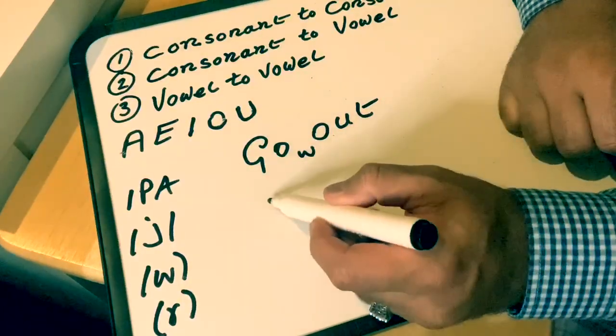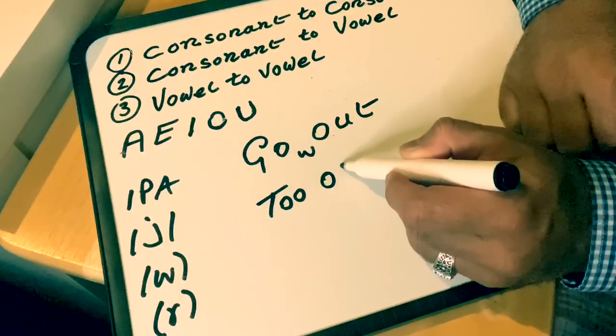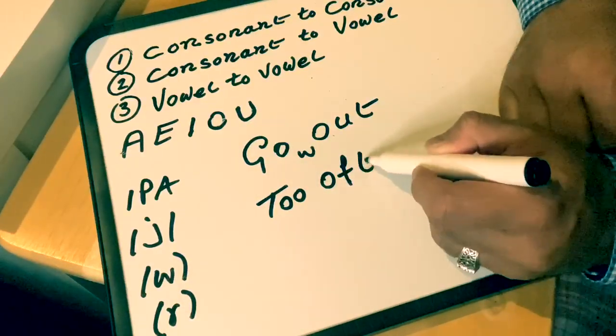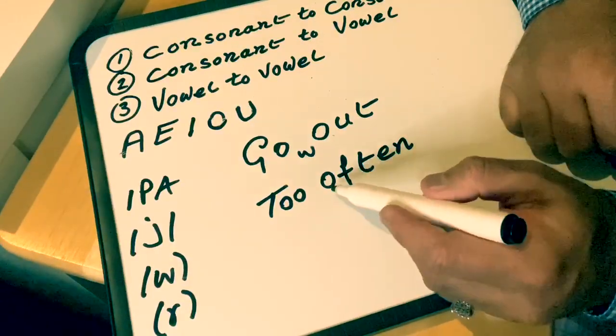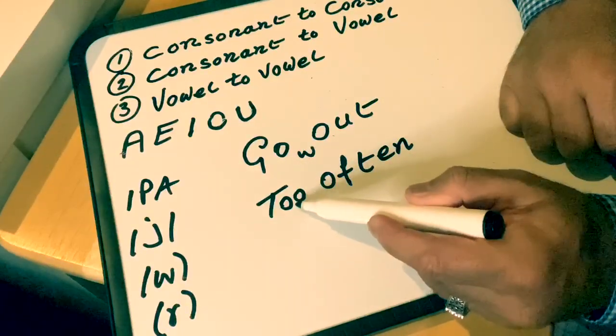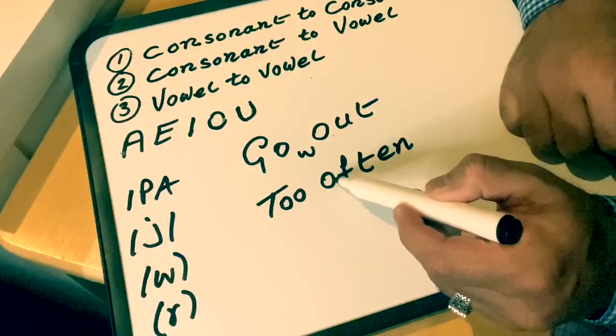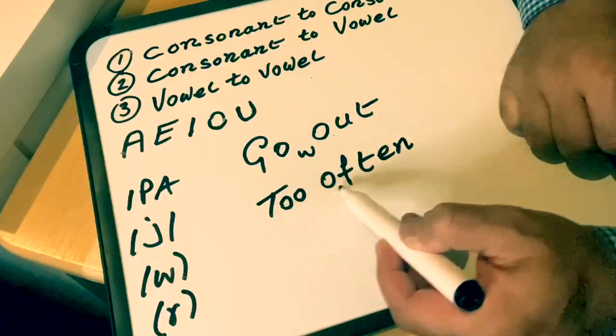The other one I would say is too often. Now what sound do you think, out of the 3, you're going to put in the middle to connect? Because this one ends with a vowel and this one starts with a vowel, so you need to connect those 2 to say in one go.